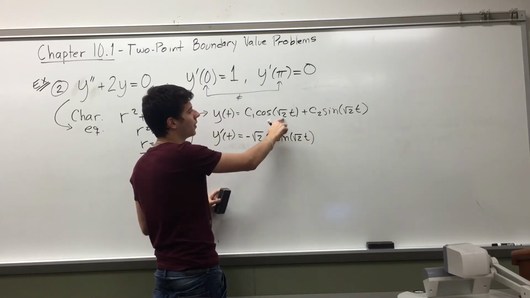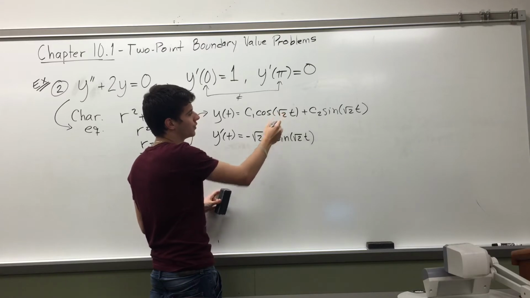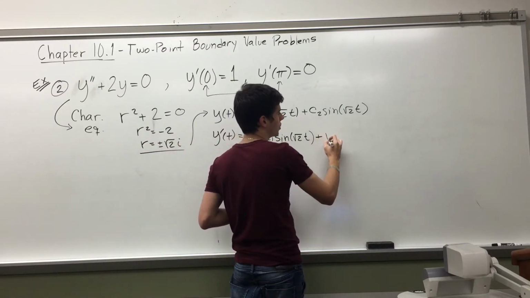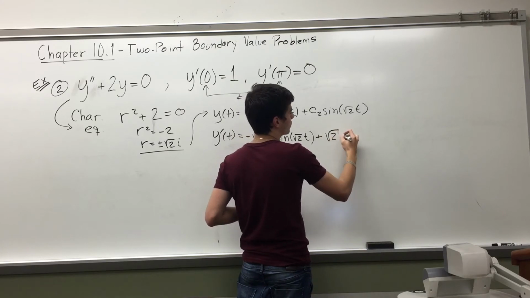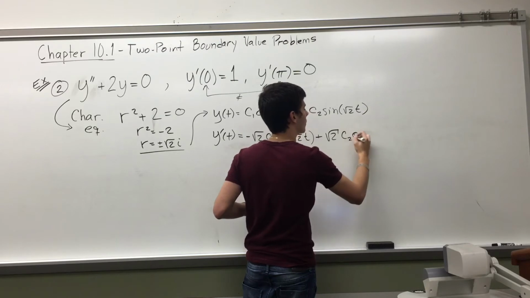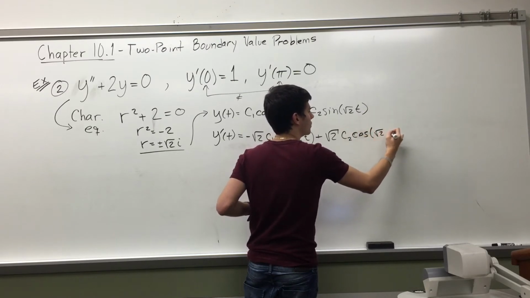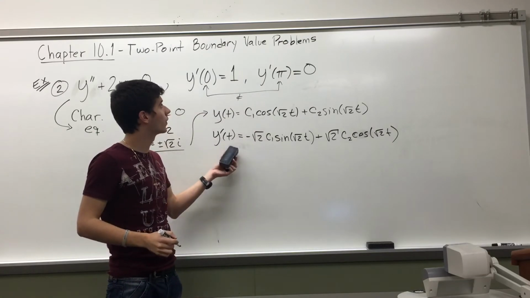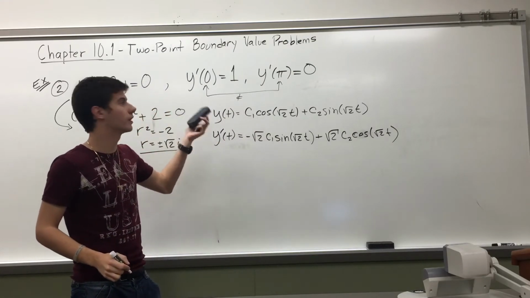This is why I pick up a factor of square root of 2. So you need to multiply this out. And here is the same thing. Using the chain rule, we're going to have a square root of 2 c2 cosine of square root of 2t. Alright, so here's what we get. Now we can start plugging things in.